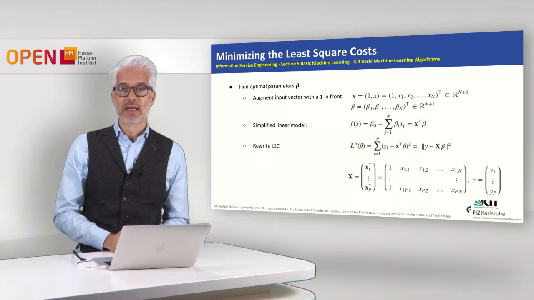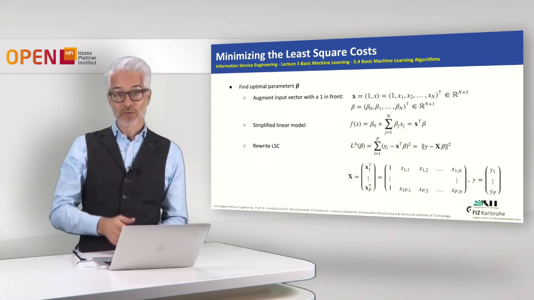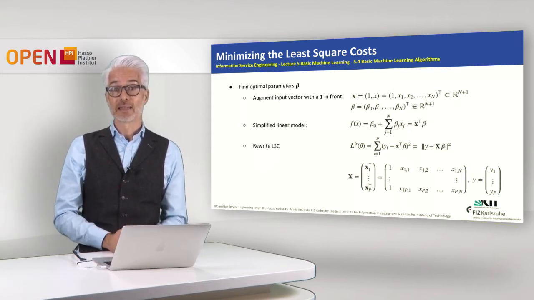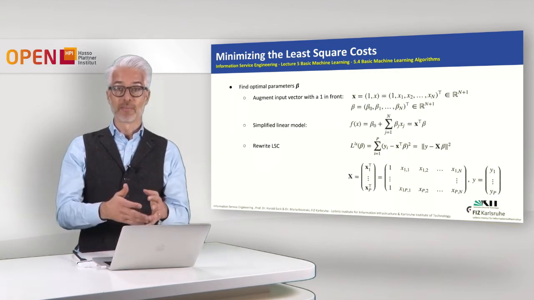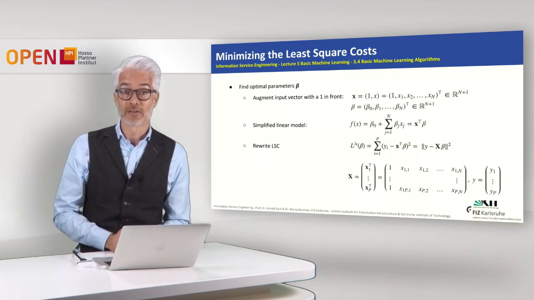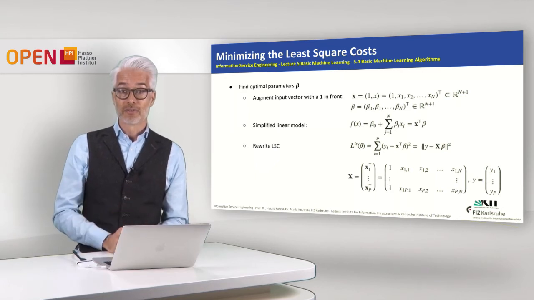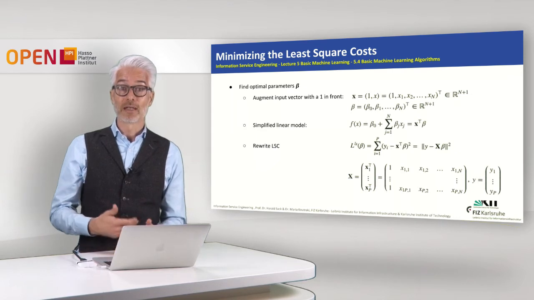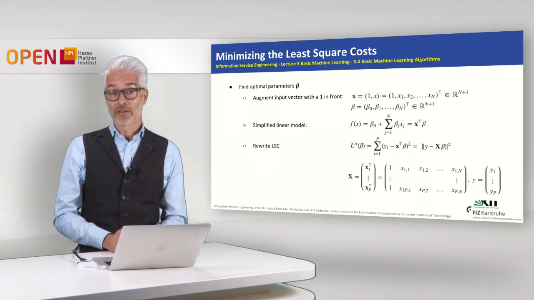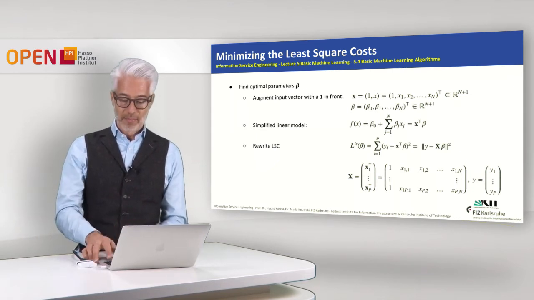You see here that we put into that formula the entire vector of all the training data x, and this generates a matrix as you see here. So this is put in there, and if you use the notation in that way, you can do all following calculations for optimizing that much more easily.